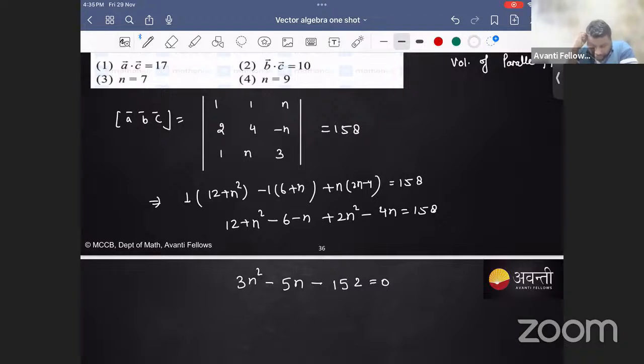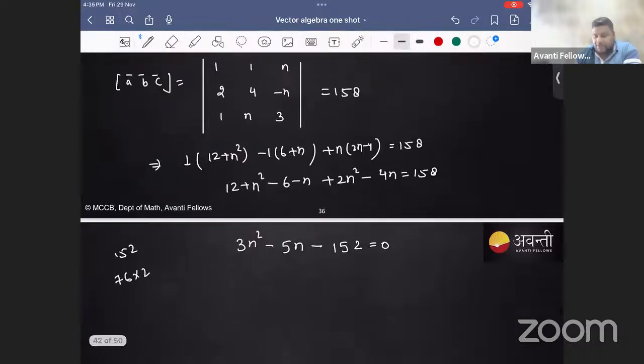Got it? Now 152 into 3, factors of this. 152 is 76 into 2.